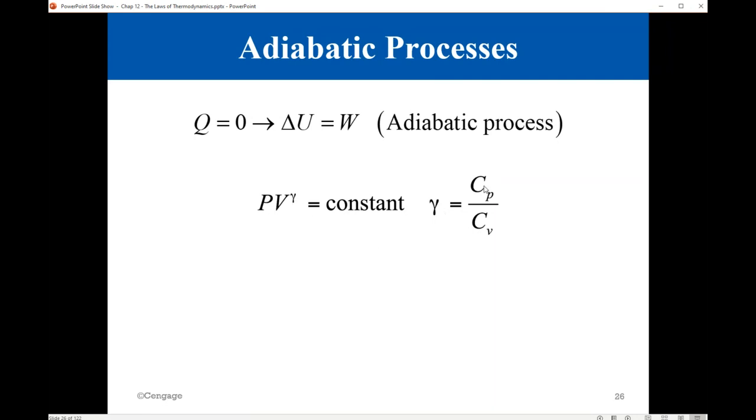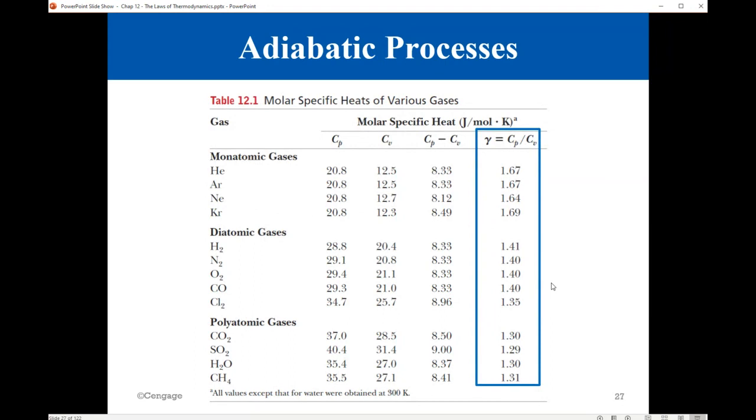Gamma is the ratio between the molar heat capacity at constant pressure and the molar heat capacity at constant volume. In this column of the table that we saw earlier, you see the values for gamma listed.